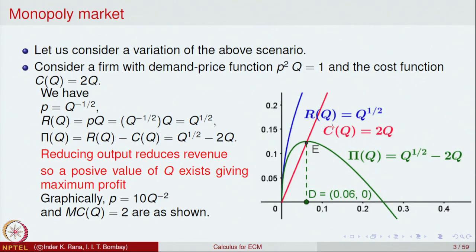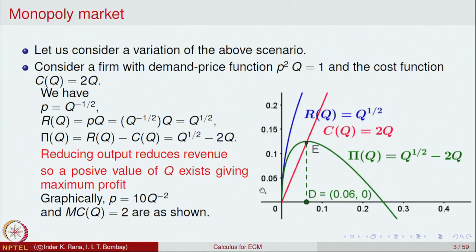This blue one is the revenue function, which was equal to q raised to power half. The cost function is C(q) equal to 2q, a linear function. And pi(q), the profit function, is q raised to power half minus 2q, and that is the graph of it.